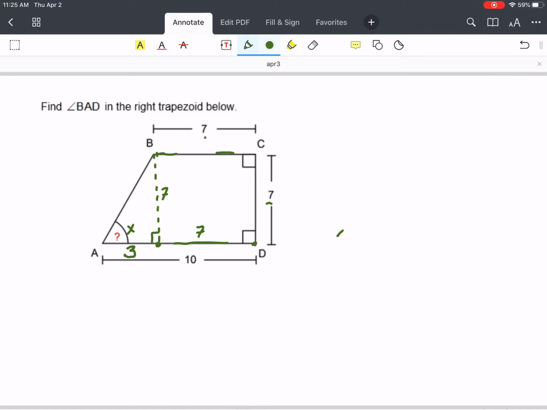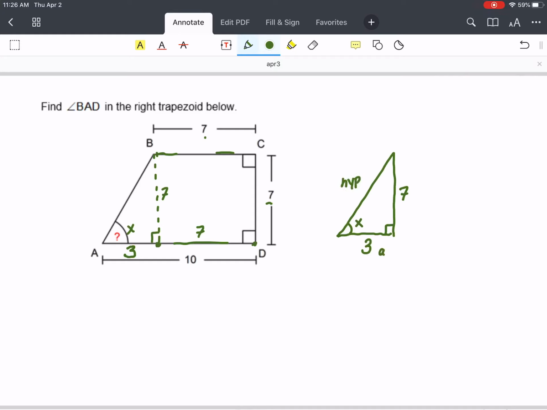So now, let's redraw the right triangle. Sorry, I'm kind of shaky. I've got an angle x. I have a height 7. And I know now that this base, if you will, is 3. So now I have enough in order to solve for angle x. I'm going to have to use an inverse trig function. And which one do I use? Well, this is going to be the hypotenuse.